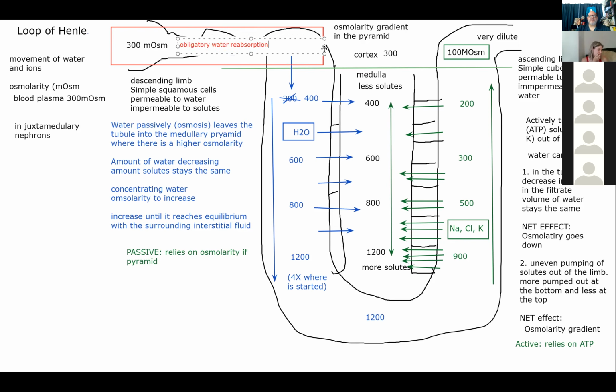Now notice I keep saying obligatory water reabsorption, not just water reabsorption, which should be a strong dead giveaway that there is another type of water reabsorption we're going to talk about. But here, because of that obligatory water reabsorption, anytime we pulled out a solute, water followed. Here, finally, we were able to decouple those. We can bring back solutes and water separately, and that allows us to change the osmolarity.